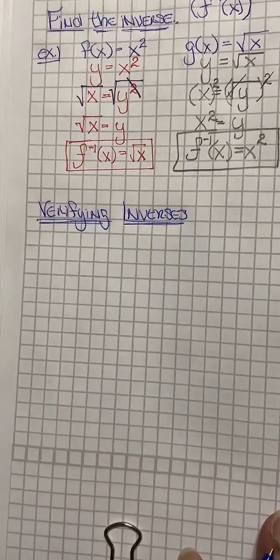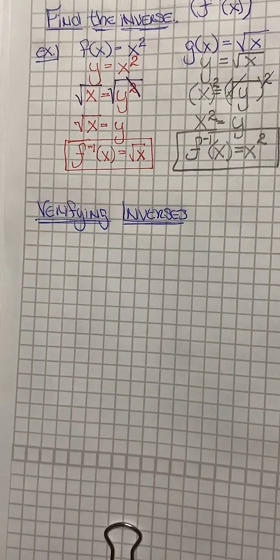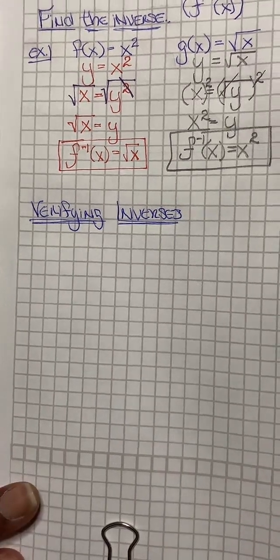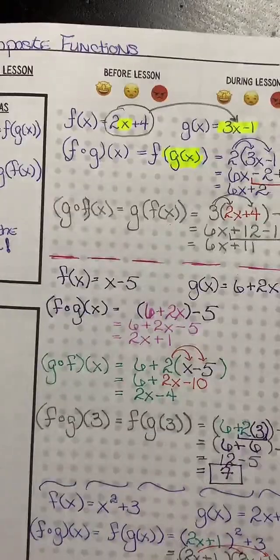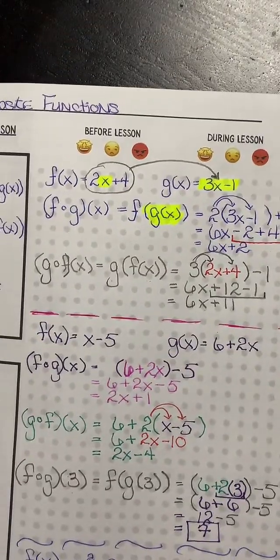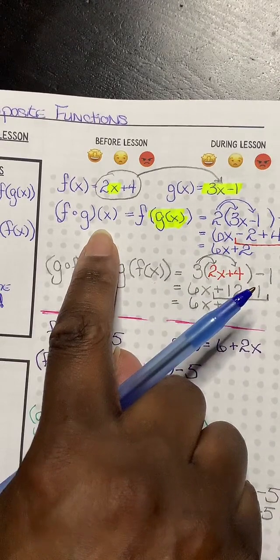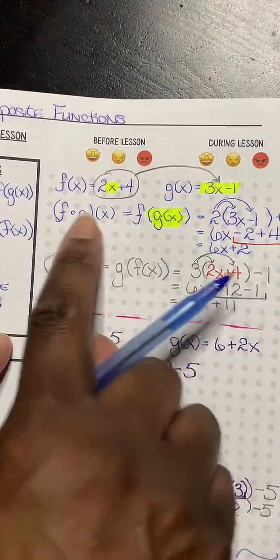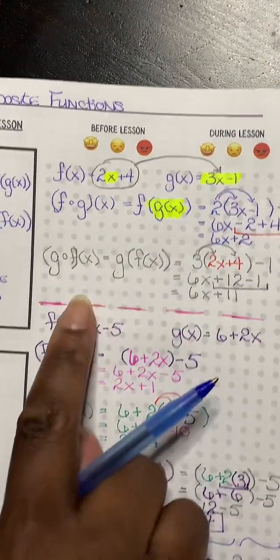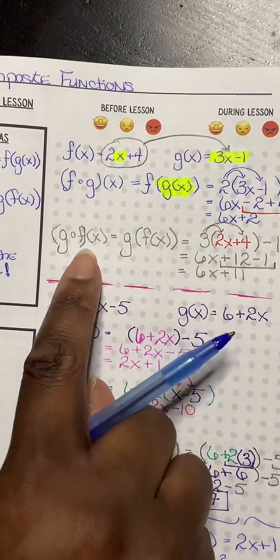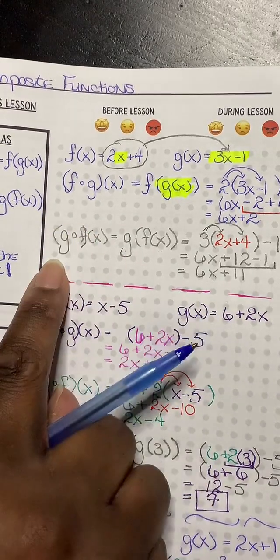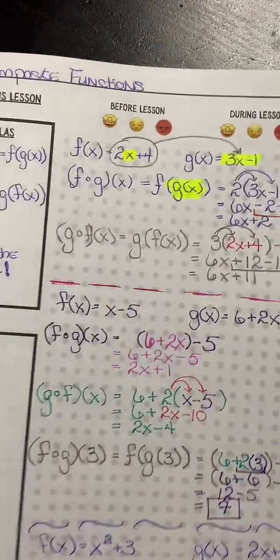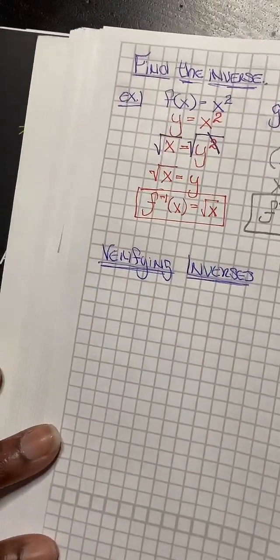In order for us to verify whether they are inverses, we're going to use that fog and gof that we did earlier. When we do fog, the G function goes into the F function. When we do gof, the F function goes into the G function. So similar things are happening.